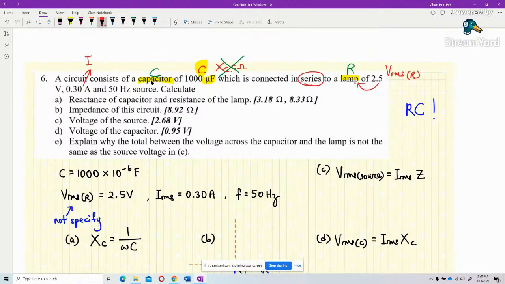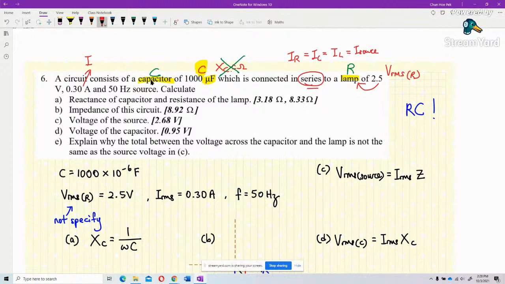Of course they have the same current. We don't have IR, IC, IL separately. In a series circuit, they all have the same current, which is the same as the total current.